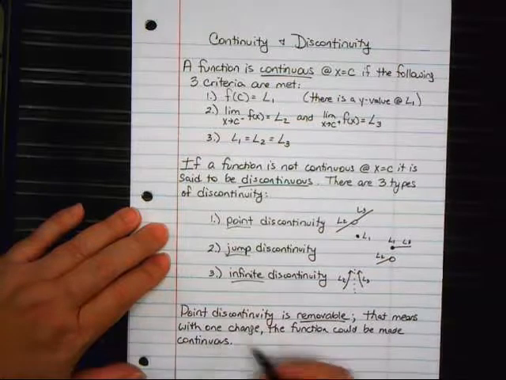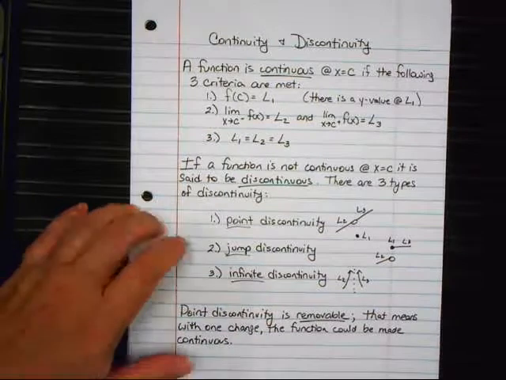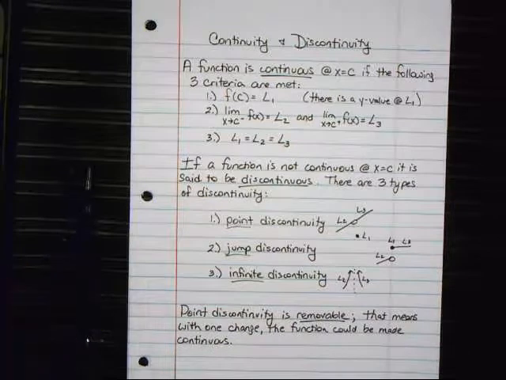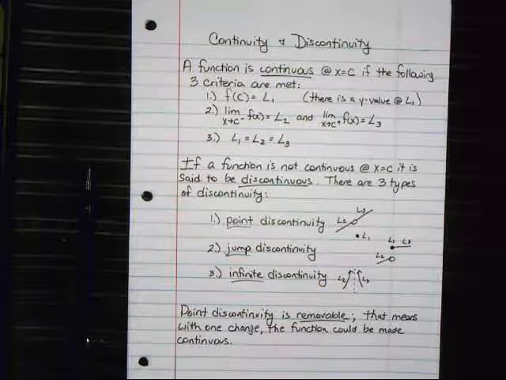So if we made one little change on point discontinuity, if we moved L1 up and put it in the hole, it would be continuous. Jump discontinuity is not that easy because a limit involves a whole bunch of points, not just one point. I can't fix that broken graph. There's no way I can fix that. I can only fix the first one. Does that make sense? I can move a dot.